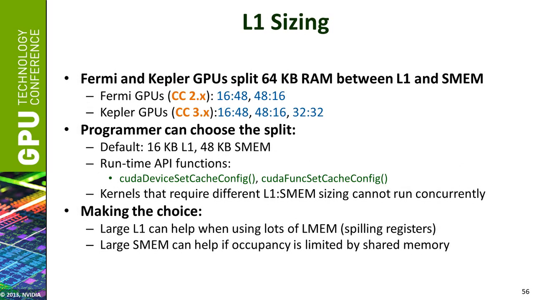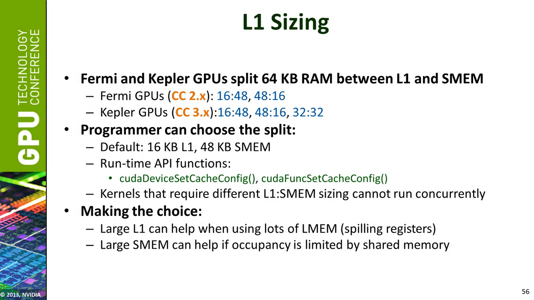L1 sizing, so another quick point. Fermi and Kepler GPUs really have 64 kilobytes of SRAM, so static RAM, that is partitioned between L1 cache and shared memory. Somebody earlier asked about shared memory, and we'll get to it in a little bit. Fermi GPUs could partition it in 2 ways, so 16 kilobytes of L1, 48 of shared, and the other way around.